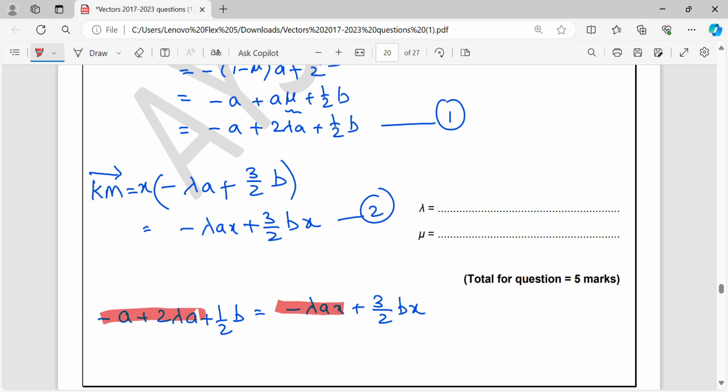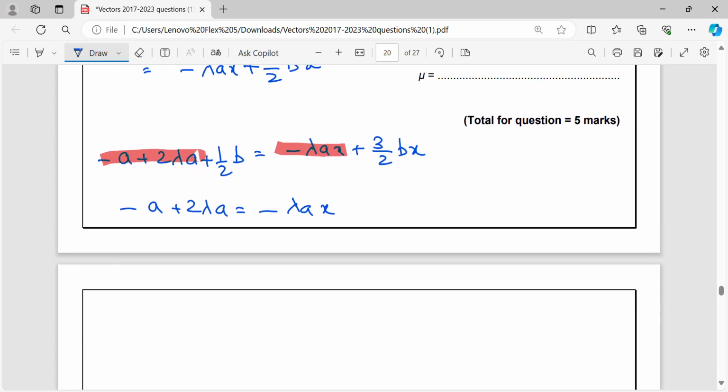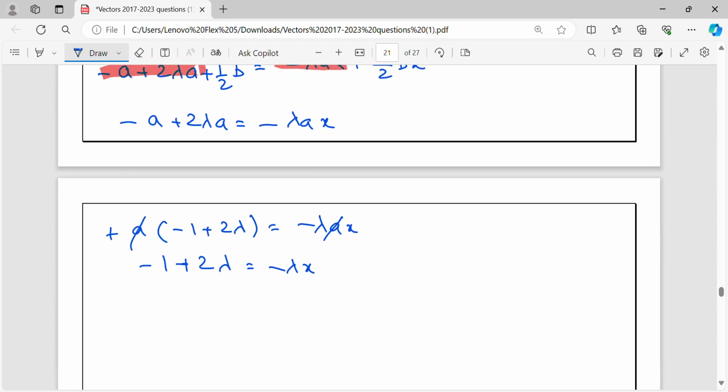First for a: minus a plus 2 lambda a equals minus lambda ax. Take a common, and because a is present in both, I can cancel it. Minus 1 plus 2 lambda equals minus lambda x. So (minus 1 plus 2 lambda) over minus lambda equals x.